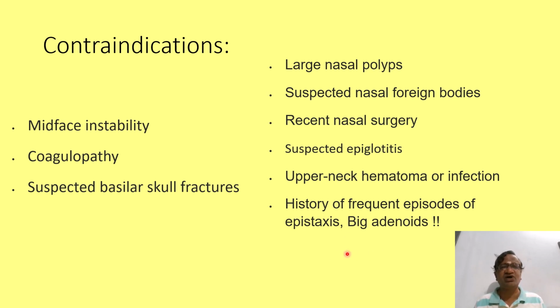Big adenoids is one of the common relative contraindications we see in practice. If the stability is not there, there is a coagulopathy, a basilar skull fracture, or nasal surgery already done, or large polyps, there is no entry at all. Suspected nasal foreign bodies, no.